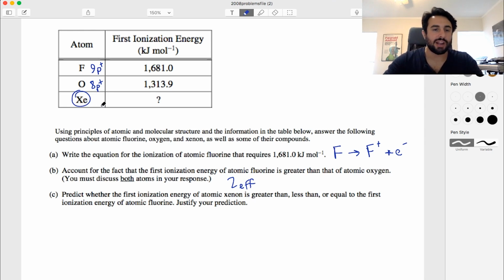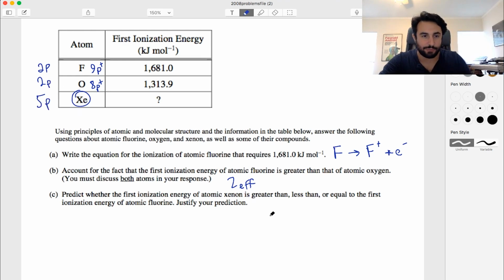So here, it's a noble gas, so it's to the right of fluorine, but we're talking about the 2p subshell for fluorine. Xenon is in period 5. If you check the periodic table, that's in period 5. So the valence electrons in xenon are in the 5p subshell. That's 3 shells further away from the nucleus.